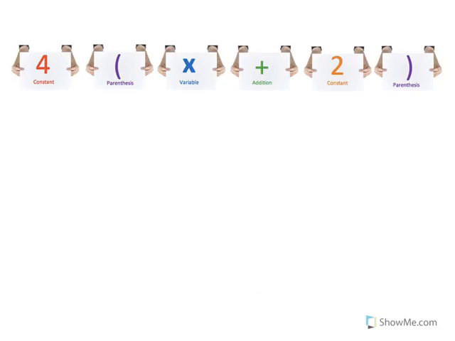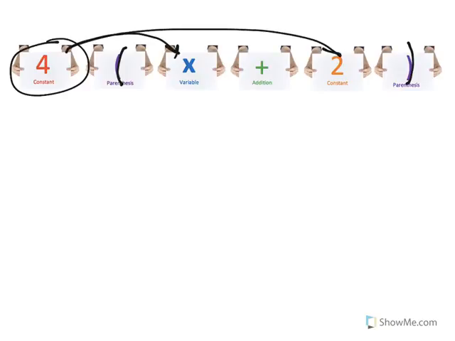So remember the demonstration from class? We had classmates holding up these 6 signs. Remember when Haiti was the constant 4? It was her job, because she was outside of the parentheses, to give a 4 to each person inside of the parentheses.